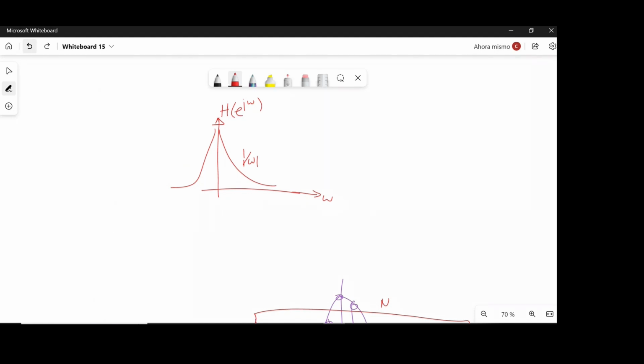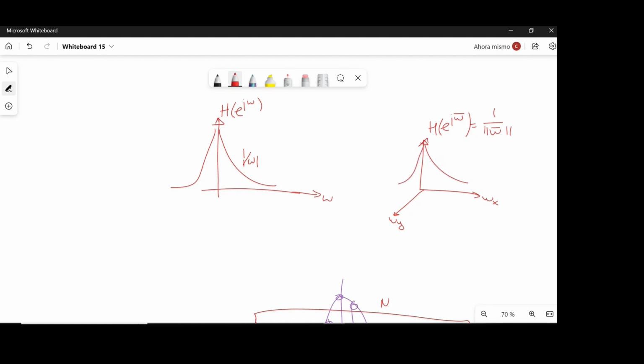When you have 2 dimensions, now you have 2 axes. You have omega y, omega x. Now here you have the filter. And the frequency is now a vector. So your filter could be 1 over the module of that vector.